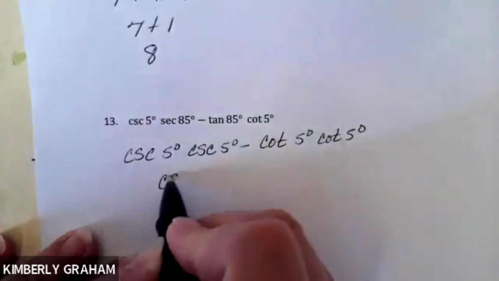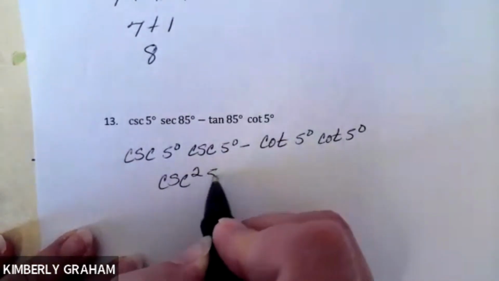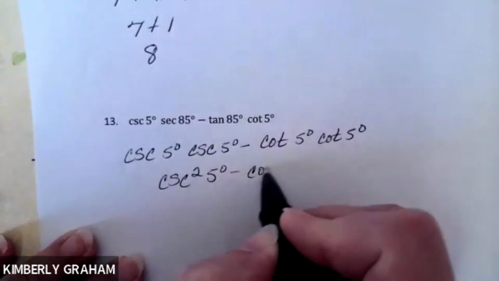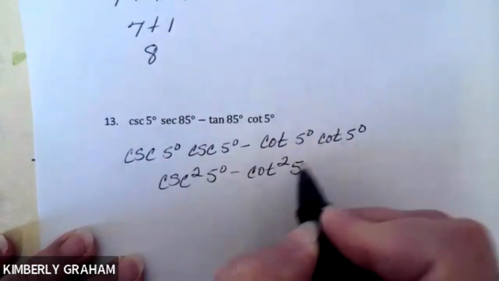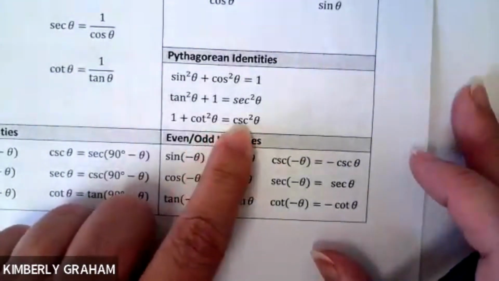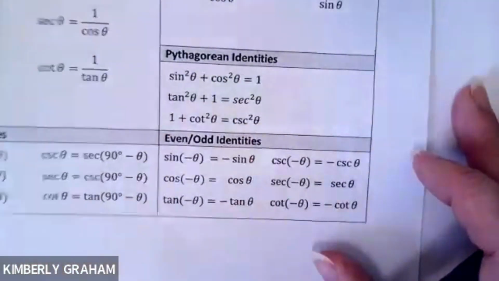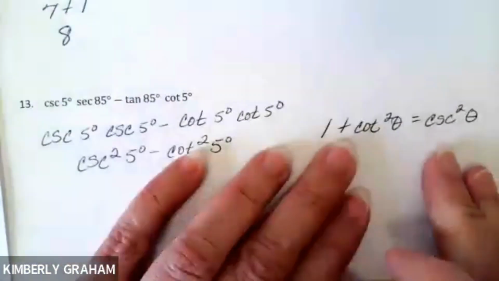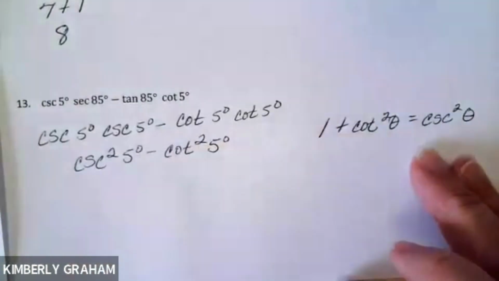So now I have cosecant squared 5 degrees minus cotangent squared of 5 degrees, and I need to relate those. Again, Pythagorean identity is going to tell me that cotangents and cosecants I can relate. And so here is my Pythagorean identity that I'm using.